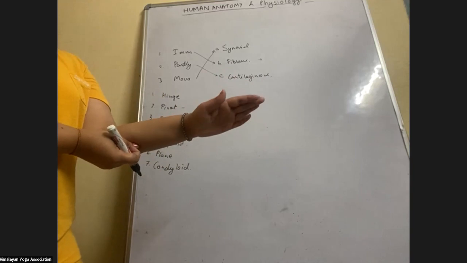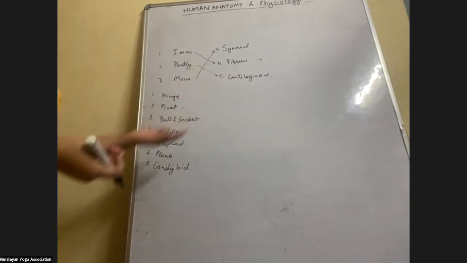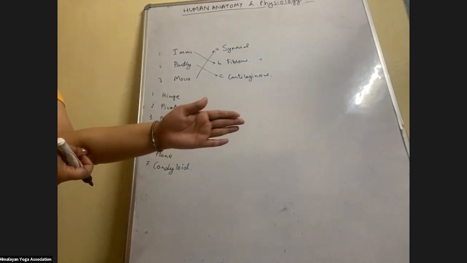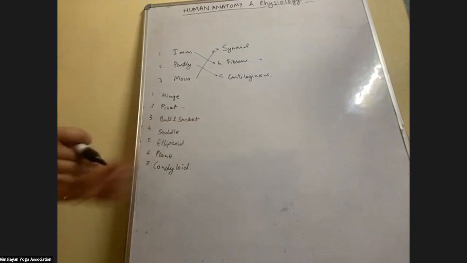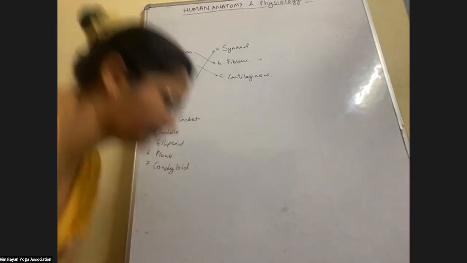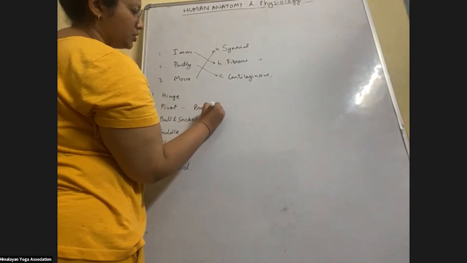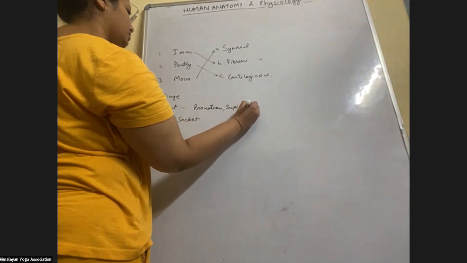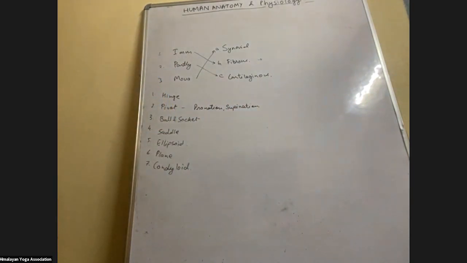You see? So this is pronation and supination. Next, ball and socket.